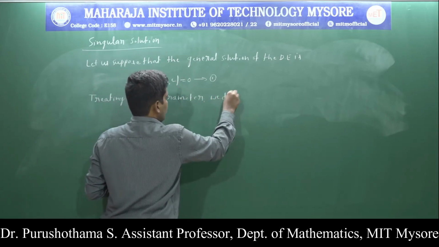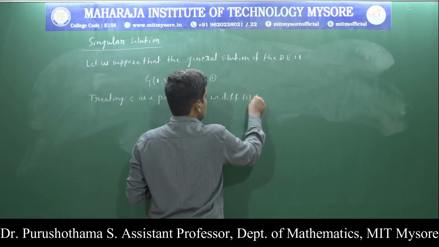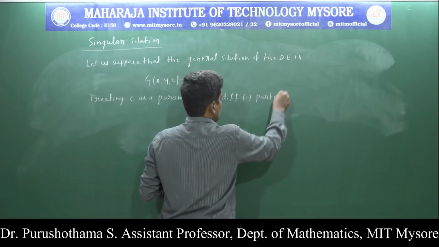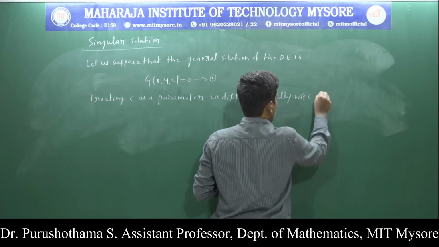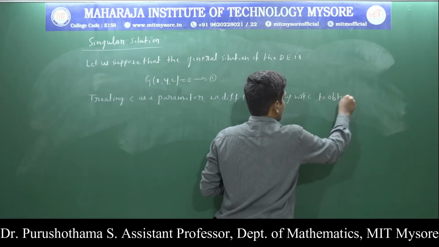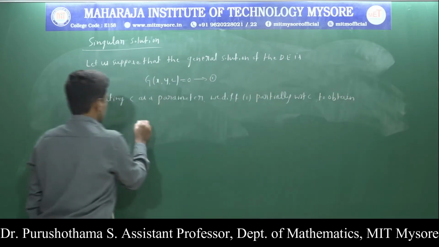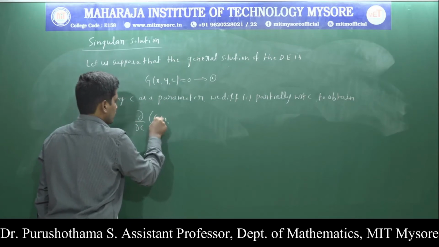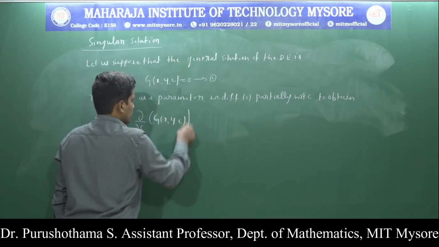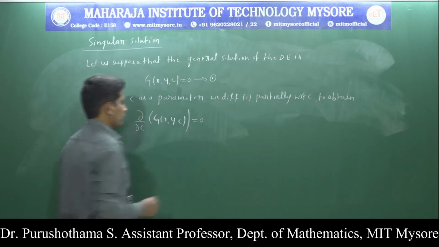we differentiate it partially with respect to c to obtain the partial derivative of the general solution with respect to c is equal to 0.